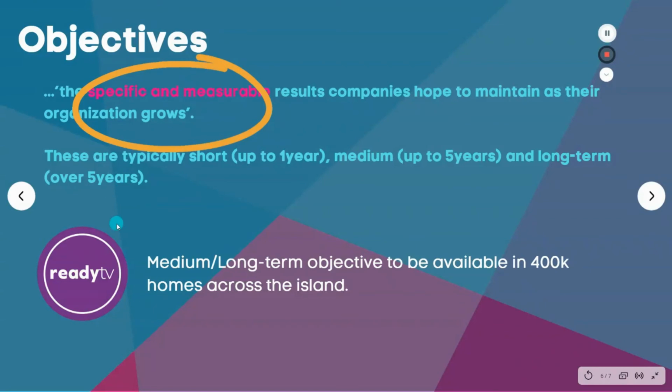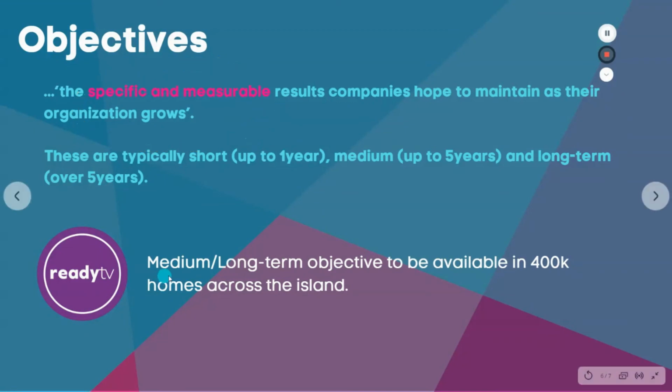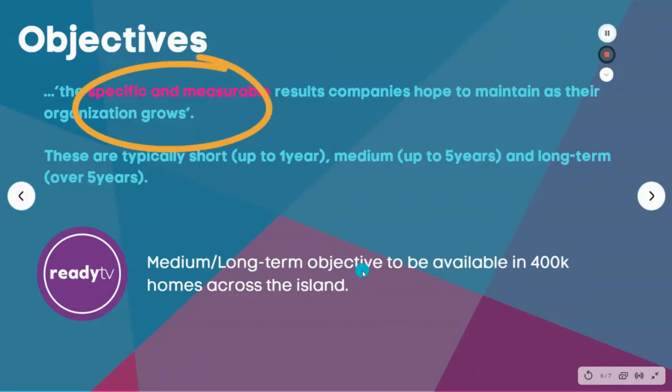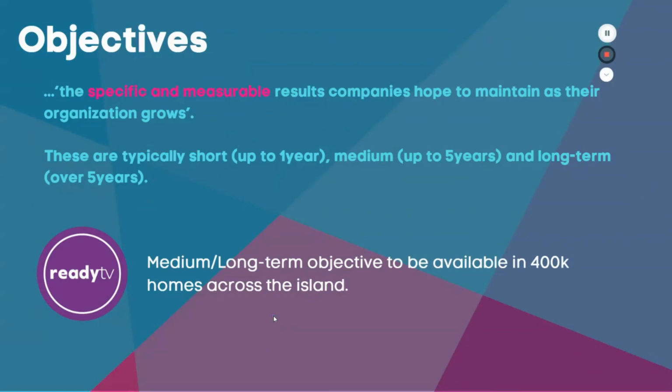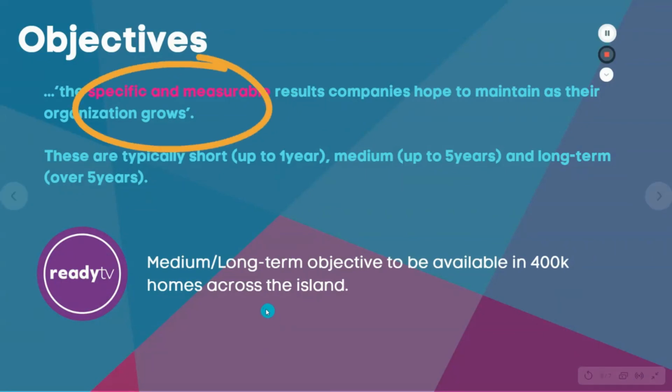And now to look at the ReadyTV sidebar. You can see here I've outlined ReadyTV's medium to long-term objective, and that is the company aims to be available in 400,000 homes across the island. Seems a little ambitious, right? But no, the company knows as a fact that there are around 800,000 homes across the country with a television set.